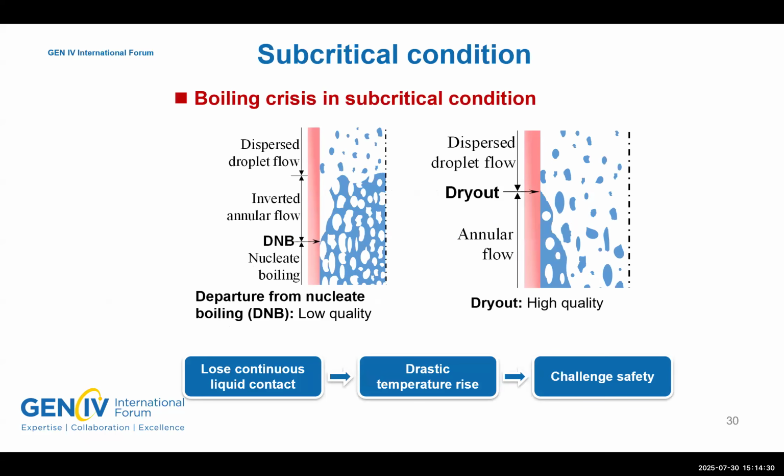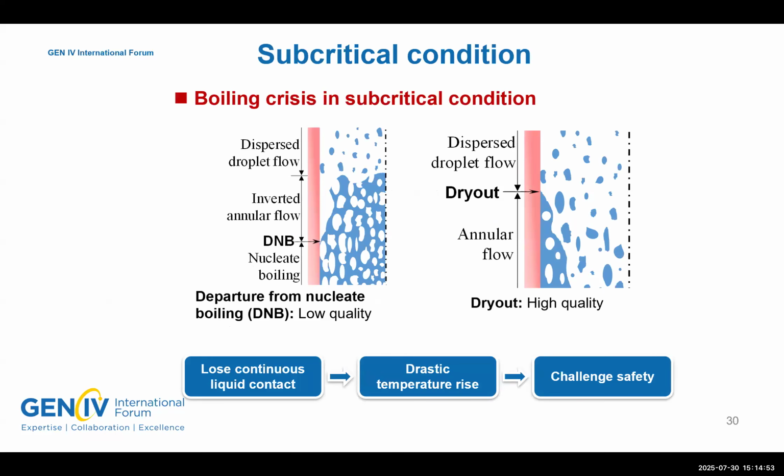In the subcritical conditions, boiling crisis may occur when the heat flux reaches a high level so that the heated surface can no longer support continuous liquid contact, and the heat flux at the boiling crisis point is usually referred to as the critical heat flux, the CHF.